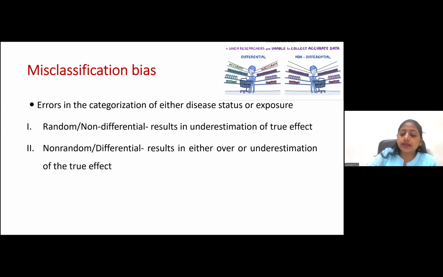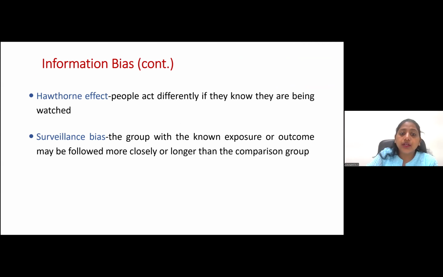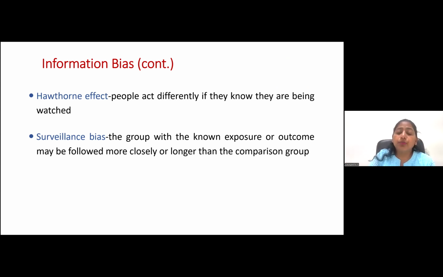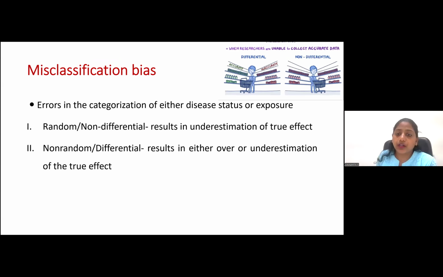So the surveillance bias that we discussed in the previous slide, right? Let's say an investigator is trying to look at the outcome, and if they know about the exposure status, they are more likely to investigate closely, to ask questions more frequently and do an outcome assessment as compared to the control group.